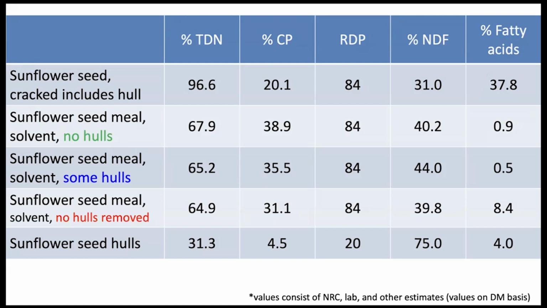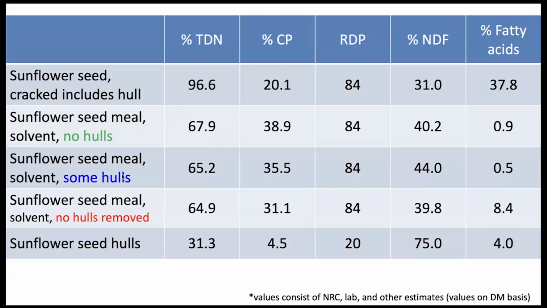When we talk about sunflower seed meal, there's three different products that are sold out there. There's actually three different manufacturing facilities in the US. One of those is sunflower seed meal without any hulls. It's going to be about 68% TDN, so on the lower side, about 39% protein.